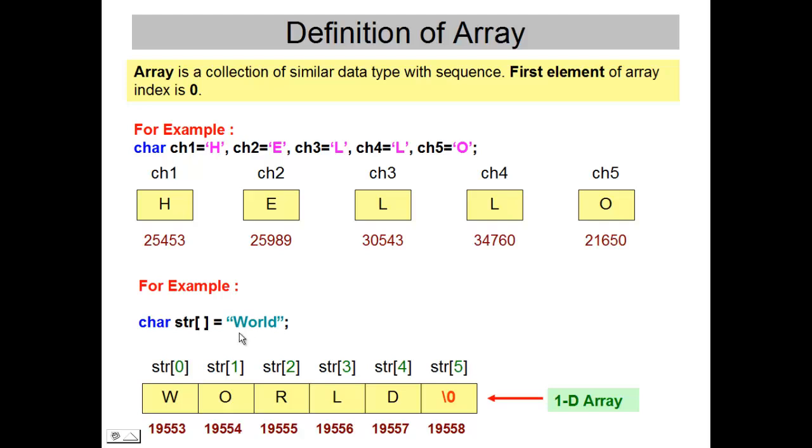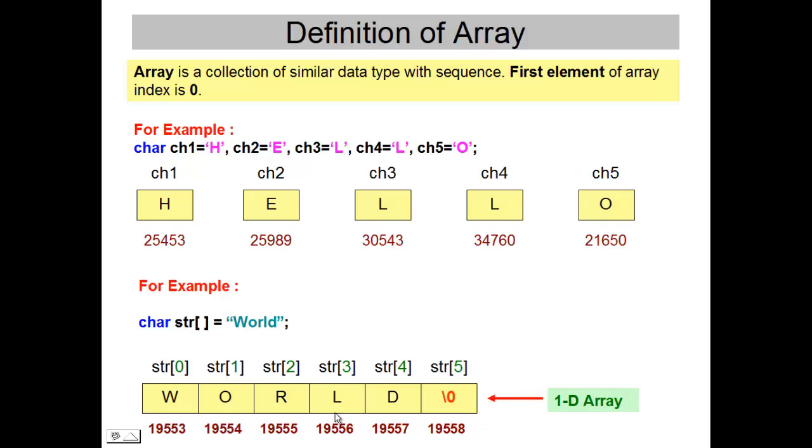Now here the number of characters is 5, but one character is automatically inserted also. This is called the null character because I have created here a string array. So this is the one dimension array.